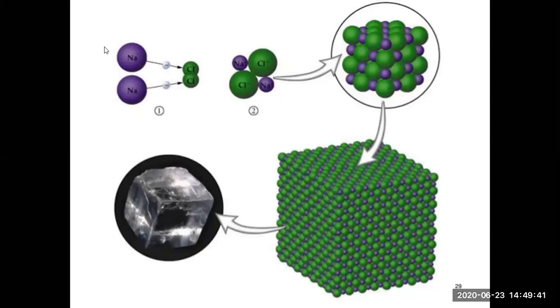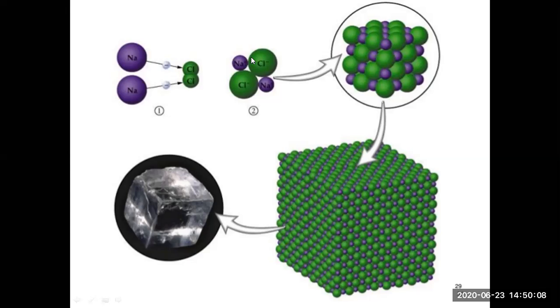So here is the detailed structure of a cube. When these atoms and molecules of different types come together, these pink or purple ones are the bigger size, and this is the chlorine of the smaller size.